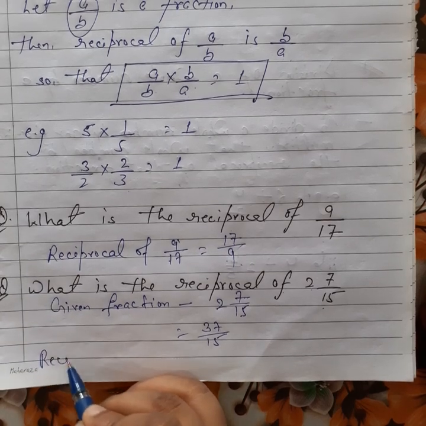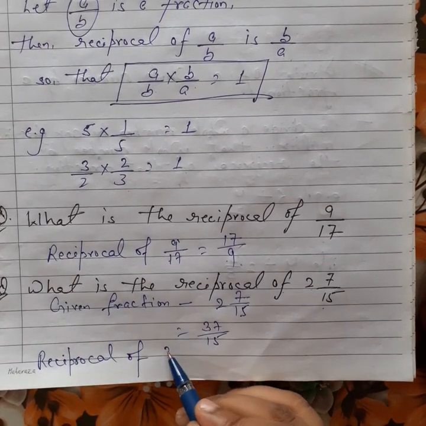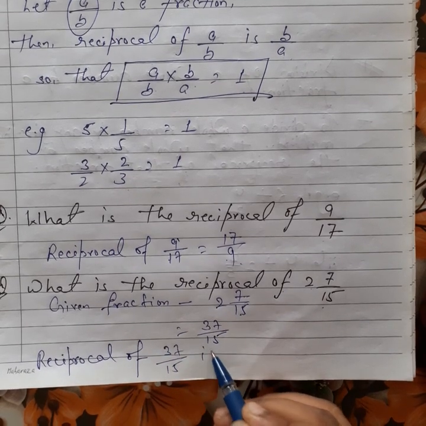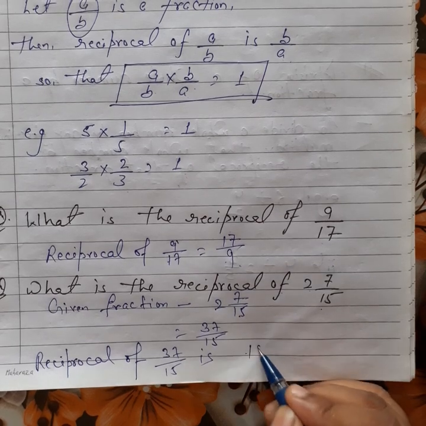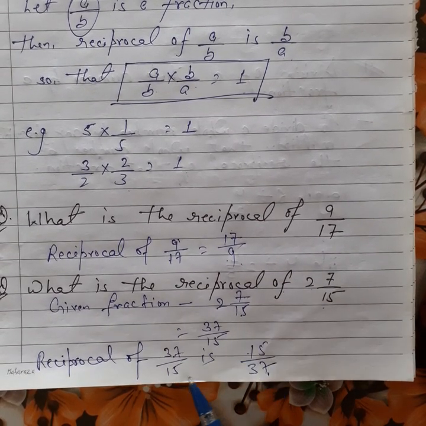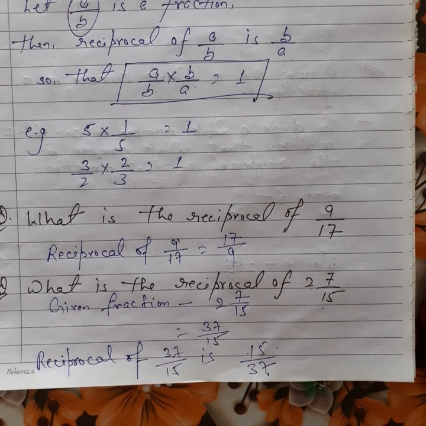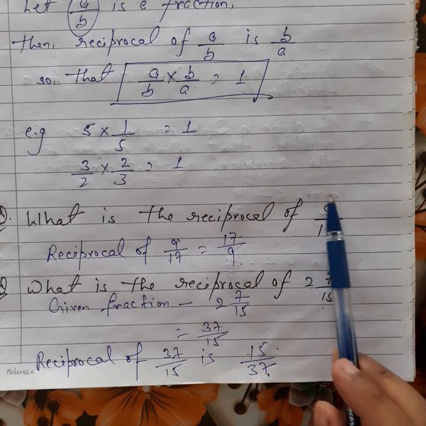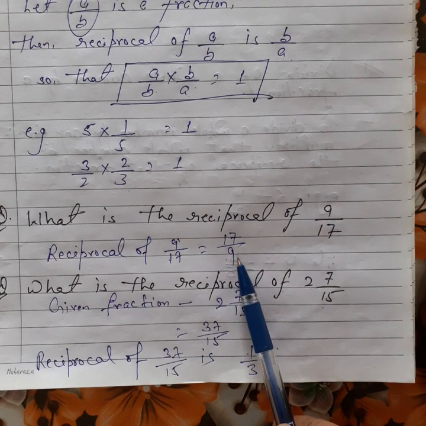So what is the reciprocal of 37 by 15? Yes, it becomes 15 by 37. The numerator becomes the denominator and the denominator becomes the numerator. Here we see, students, that this is a proper fraction, so its reciprocal is improper.